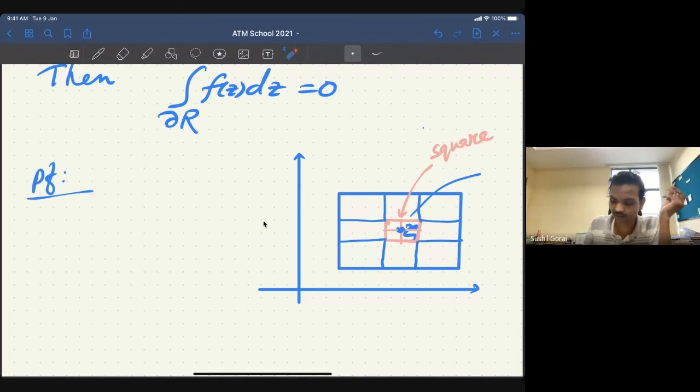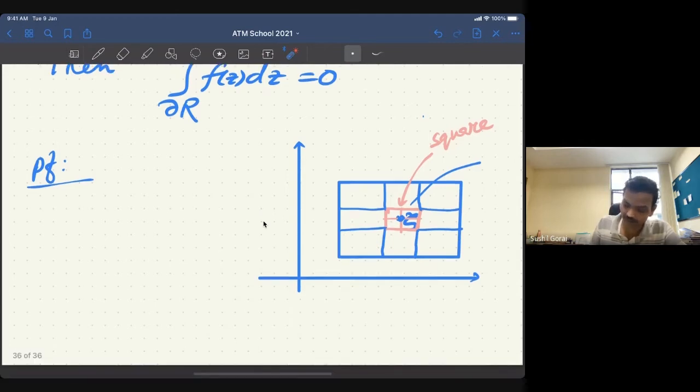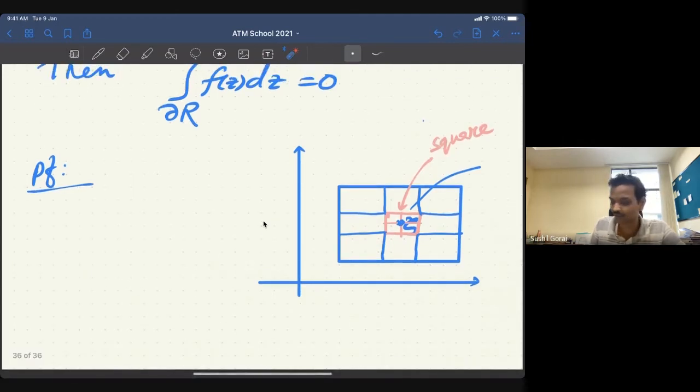And by the previous argument in the proof of the previous theorem, the integral can be summed as the boundaries of each of these rectangles. So the idea is: first you get a square and then make other rectangles, which will not contribute anything.